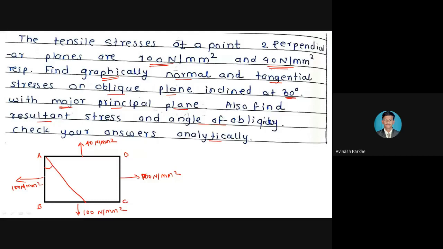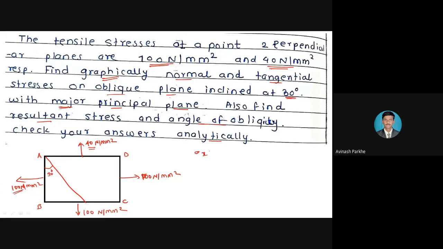This AB plane is called the vertical plane, or it is also considered as the major principal plane. Why is AB the major principal plane? Because on that plane 100 Newton per mm square stress is applied and it is maximum as compared to 40 Newton per mm square. Therefore this vertical plane is called the major principal plane.